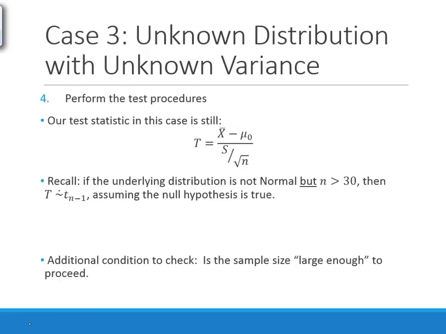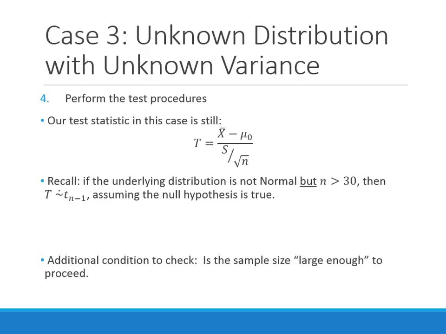But regardless, in our next step, performing the test procedures, the test statistic is very similar to what we've seen before. We still have x bar minus the hypothesized mean, and we're dividing by something that looks like the standard deviation, but instead of sigma in there, we have our sample standard deviation s.